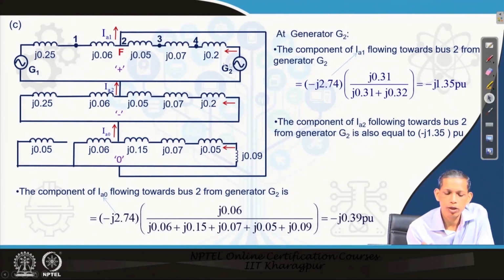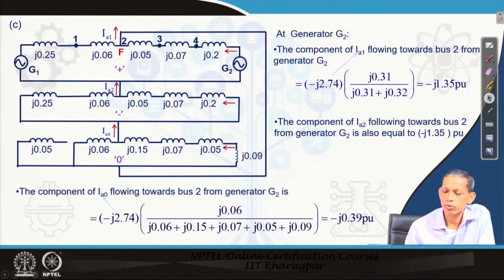Because both are 1 per unit with an angle of 0 degree, it depends on the parallel path combination: this I1 current times the impedance of this side divided by the sum of the impedances of this side and the other. That gives the current contributed from the G2 side to be minus j 1.35.